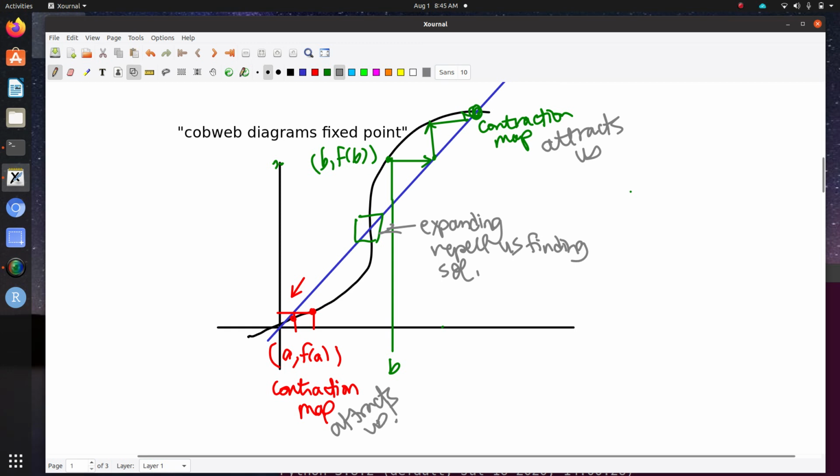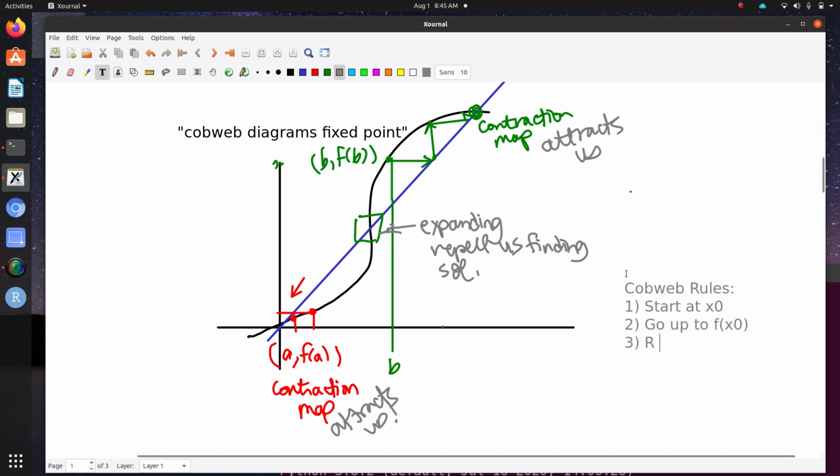So what was it? First of all, I'm going to give you the cobwebbing rules, because it's just easier to type them out. You're going to start at x naught, then you're going to go up or down, but initially you're going to go up to f of x naught, and then what's going to happen is you're going to repeat.